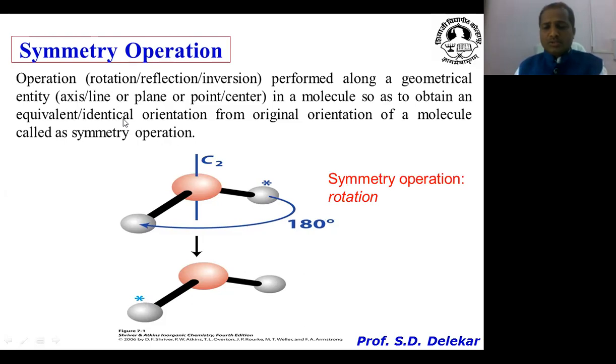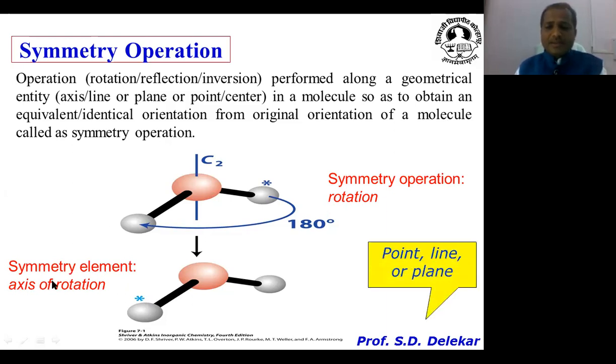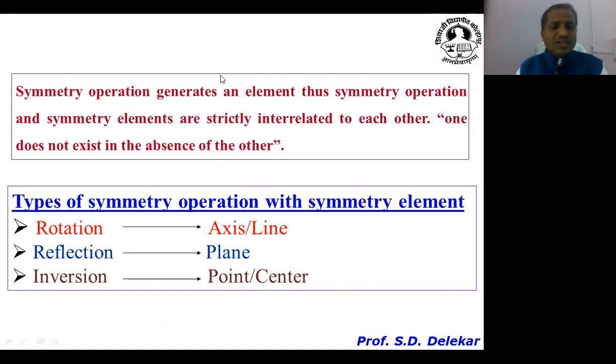In this case the symmetry operation is rotation, and the element on which we carried out the operation is the axis of rotation. These are the elements and these are the operations. So symmetry operation generates an element. Thus symmetry operation and symmetry elements are strictly interrelated.